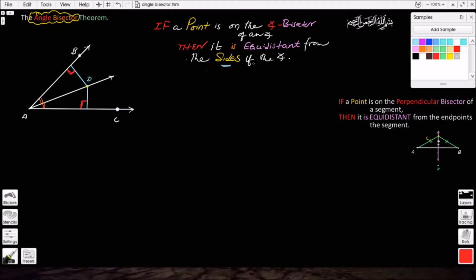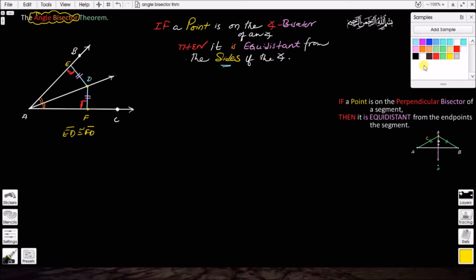Since D is on the angle bisector AD, it is equidistant, meaning this distance equals this distance. We can call this point E and this point F. So the theorem says ED is congruent to FD. If a point is on the angle bisector, then it is equidistant from the sides of the angle.